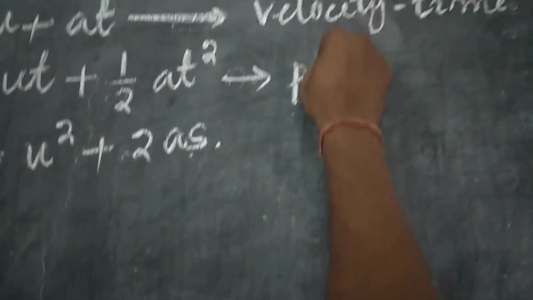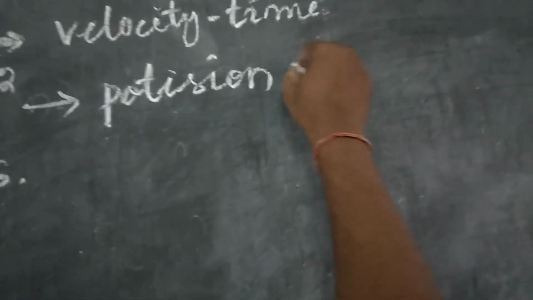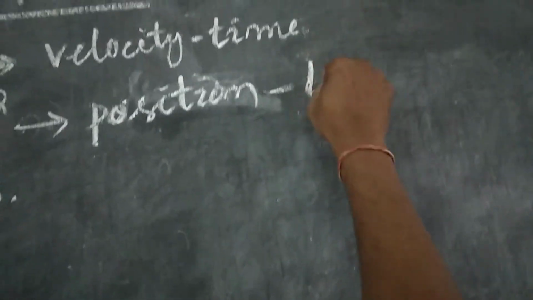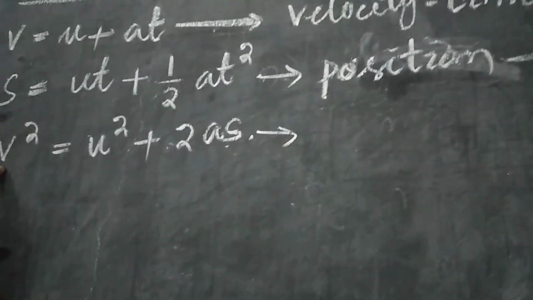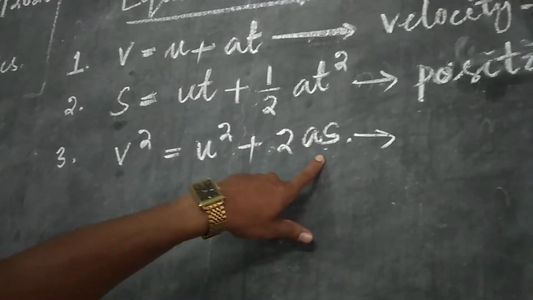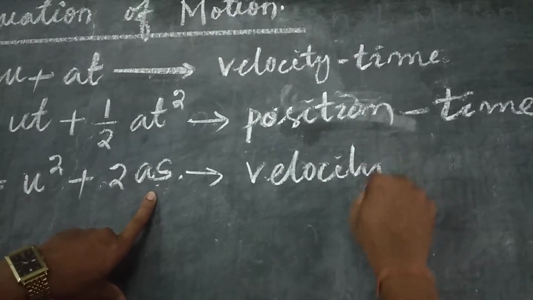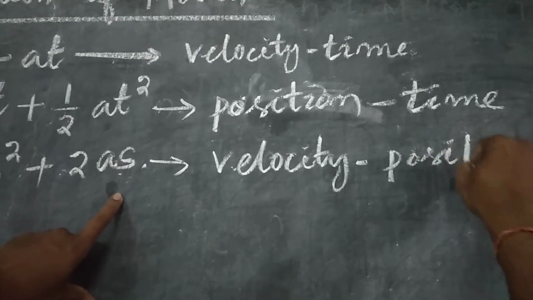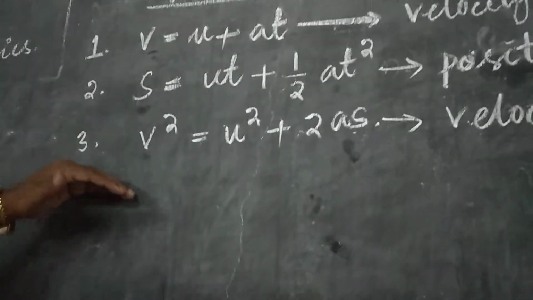And the third one has velocity and position, therefore this equation is also known as the velocity-position equation. So three equations we have to discuss one by one.